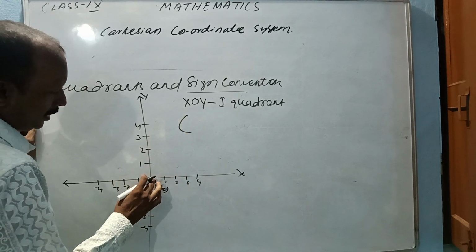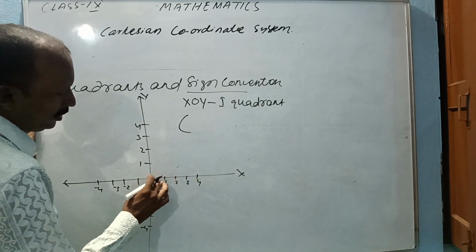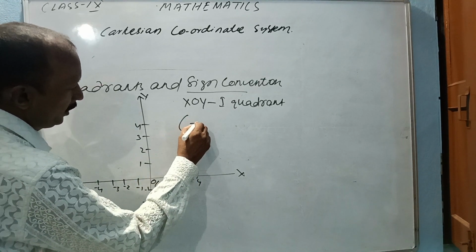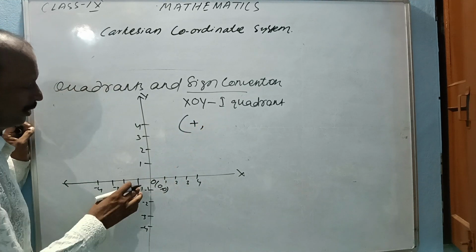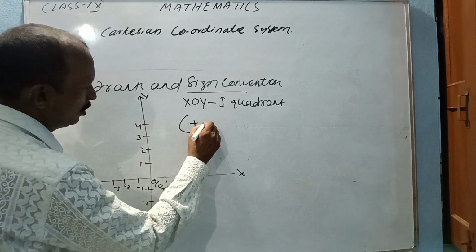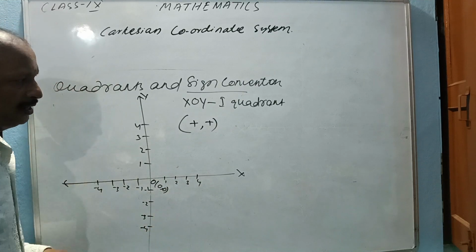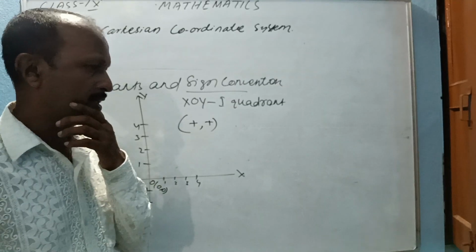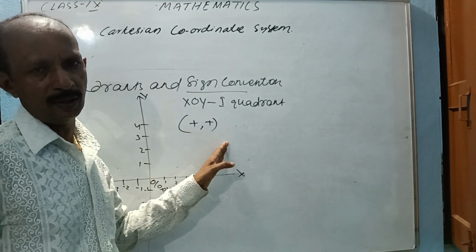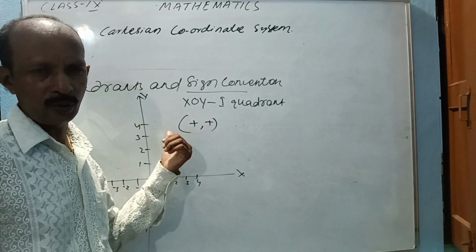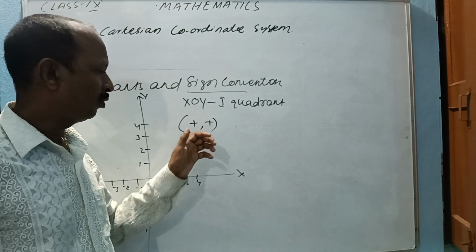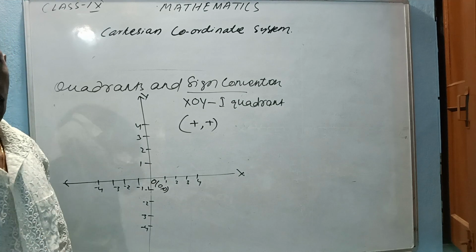The x coordinate means along the x axis, definitely it will be positive. Along the y axis also positive. So the sign convention of the first quadrant is plus, plus. That means for the x coordinate I shall use plus, and for the y coordinate also plus.